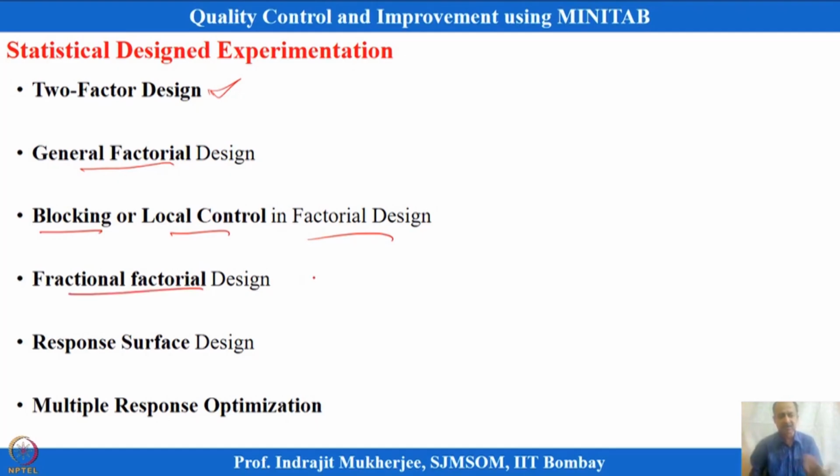What I told, there will be screening experimentation, and those aspects we will try to cover. Certain scenarios may appear when we do not want to do all the experimentation, because there are n number of variables, and if we have at least 2 levels, then 2 to the power n combinations are required, and if n is very large, the number of trials will increase, and it becomes infeasible to control.